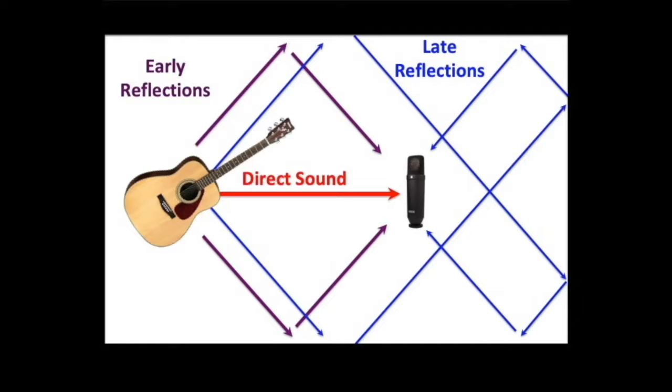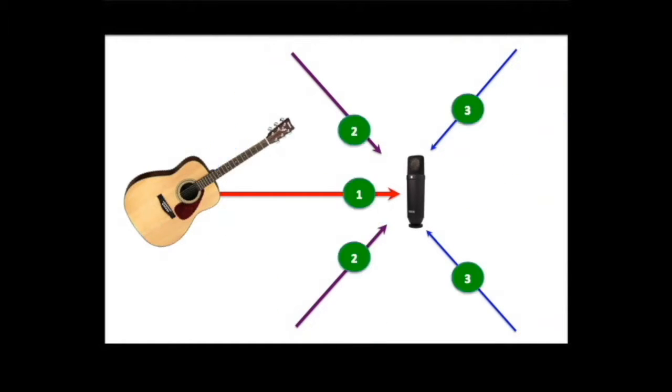Now, in this diagram, we're looking at how sound is traveling from the perspective of the source. Let's change perspective and look at the same diagram from the perspective of the microphone. Now, as you would expect, the first sound picked up by the microphone is direct sound. The next sound picked up by the microphone are the early reflections, and the late reflections are picked up by the microphone after the early reflections.